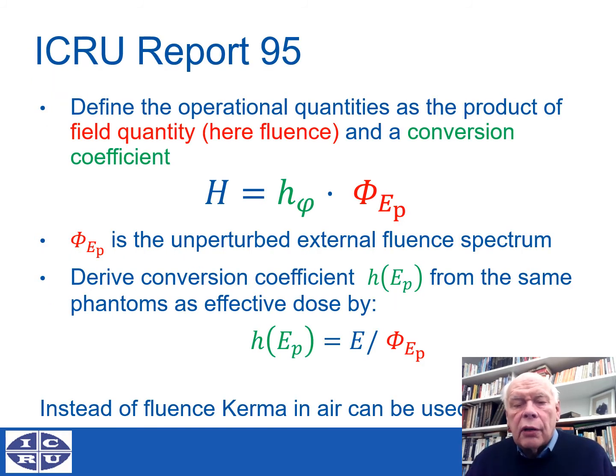This recommendation in the ICRP report 116 was the starting point for forming a committee to review the definition of the operational quantities. The ICRU convened report committee 26, which produced what is finally now the ICRU report 95, and the recommendation is now to define the operational quantity as a product of a field quantity, for example fluence, and a conversion coefficient h sub phi.